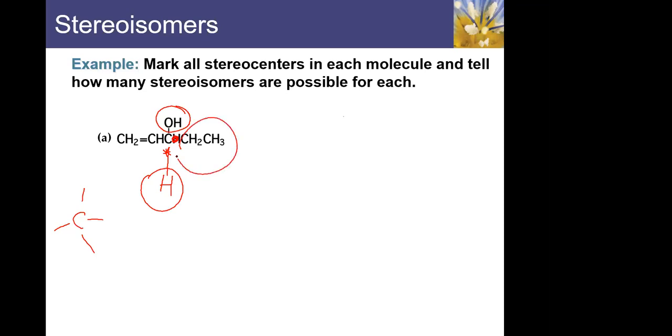So this carbon is a chiral carbon, a stereogenic center or stereocenter, because it has four different groups attached to it.